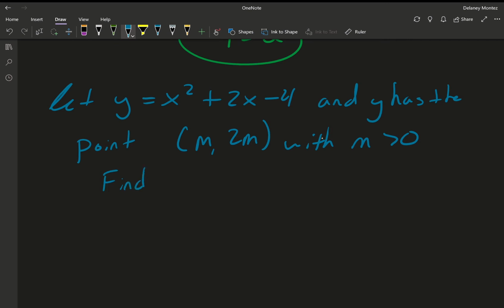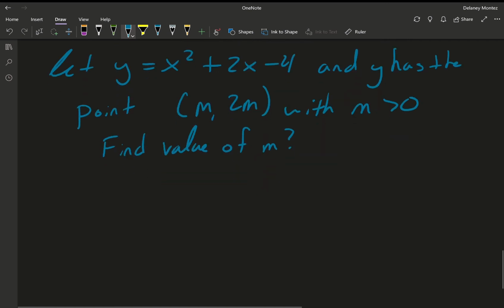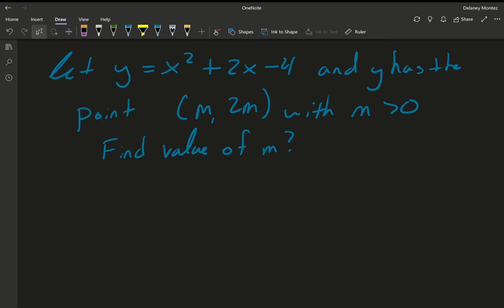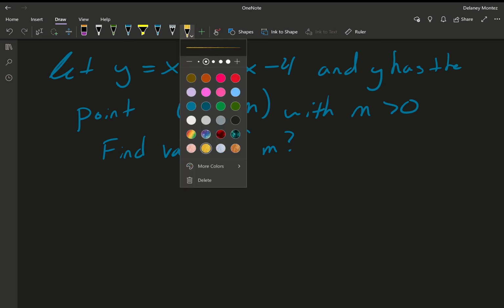Find the value of m. Okay, so we have y equals x squared plus 2x minus 4. Of course, pause the video and then come back. Okay, so hopefully you guys paused it and now you're back to see if this is right.